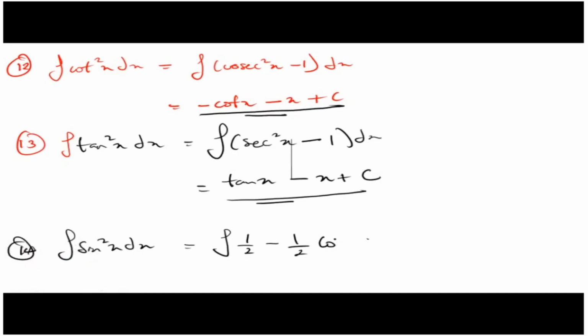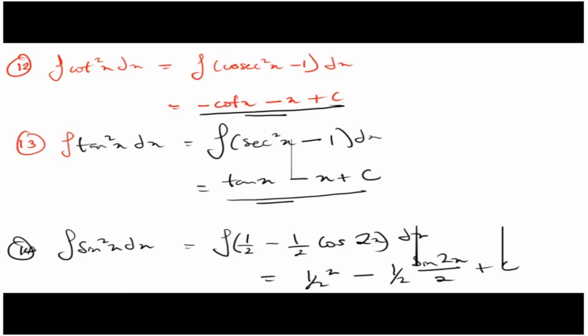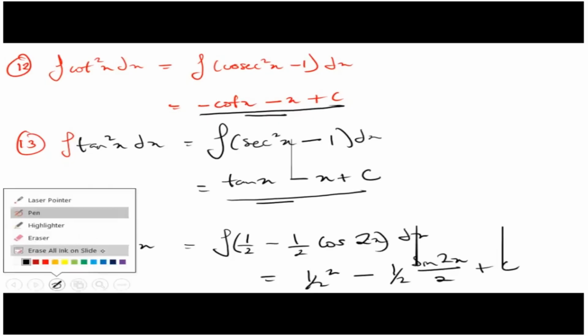I'm not sure if this one is there as well, but let's just write it out in case you get a question like that. You never know with the department. So this one is half x, then minus 1 over 2 sine 2x over 2 plus c. Is that fine? So that's how you are supposed to integrate sine squared.